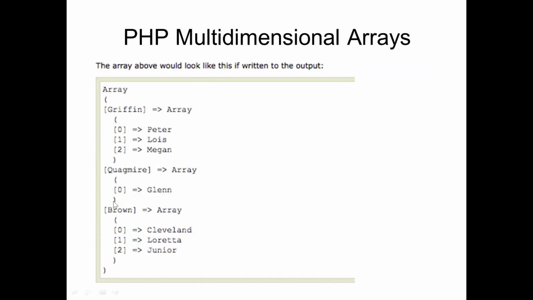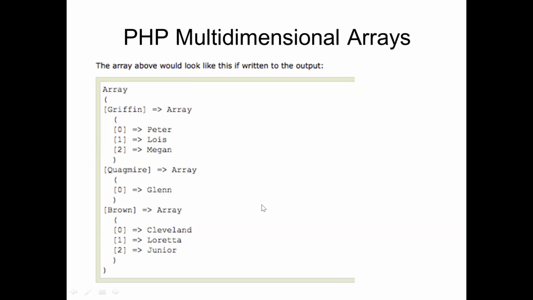So this would be the output. Say for example, Griffin, it is an array object with three data: Griffin of 0, 1, and 2, Peter, Lois, and Megan. Quagmire, one element, that is 0th element alone. Again, Brown is an internal sub-array with three elements: 0 is Cleveland, 1 is Loretta, and 2 is Junior.